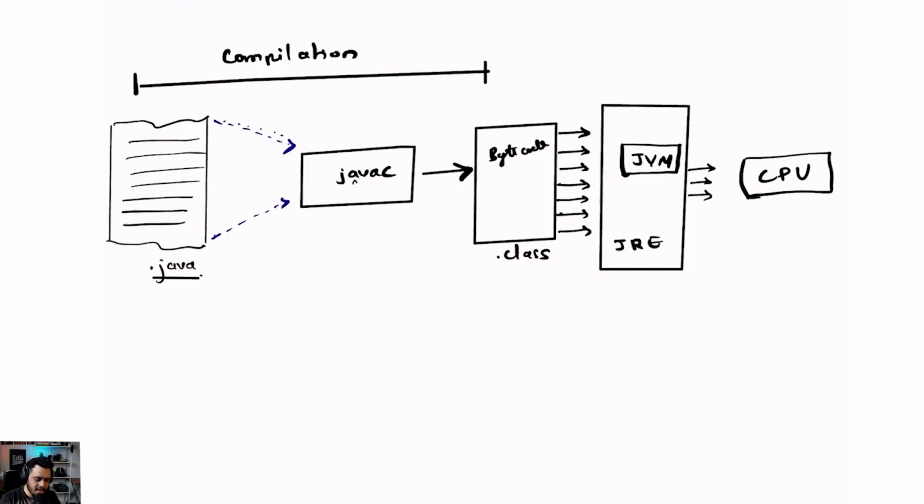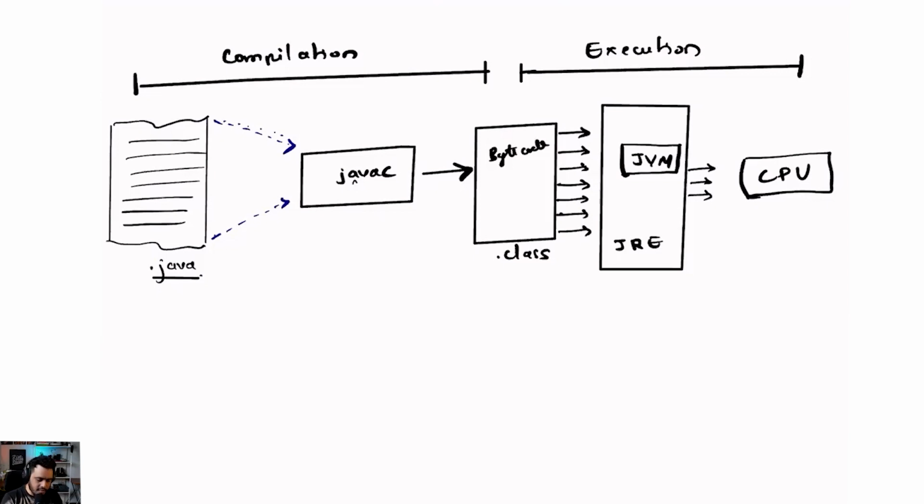Now the process where the compiled bytecode is taken and given to the CPU by the JVM is known as the execution phase. The phase where we take .java and convert into .class is the compilation phase. The phase where we take the .class file and execute the code is known as the execution phase.